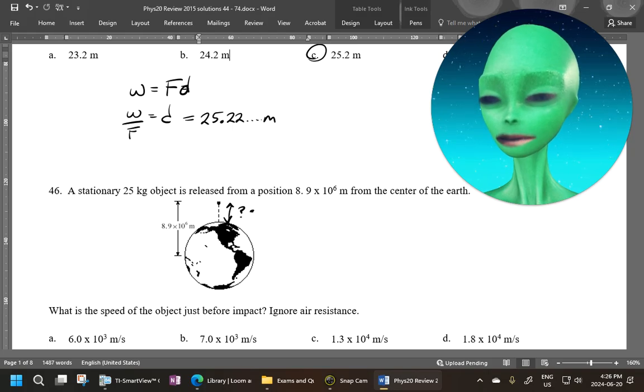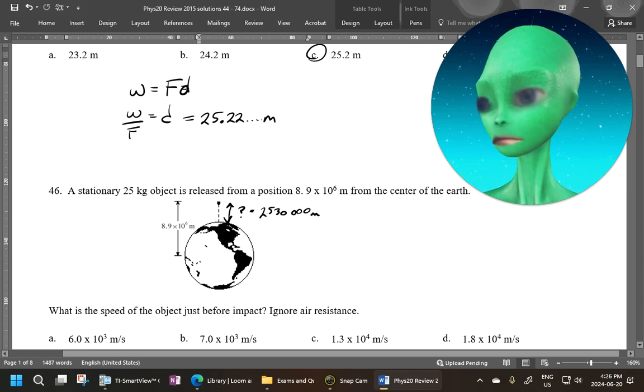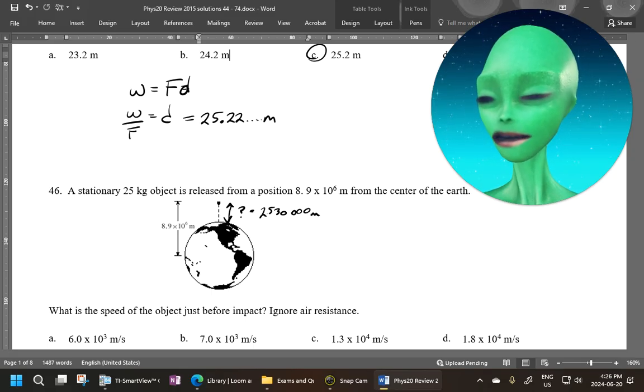Let's do 6. I'm going to minus away the radius of the Earth, 6.37 times 10 to the 6 as well. So it still has to drop a significant distance. So 2,530,000 meters to drop down. Okay, so I just want to quickly do something in my head here just to see if this is what they expected to happen.